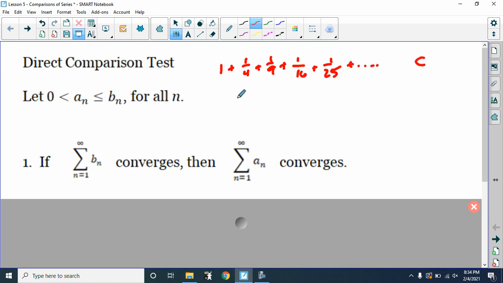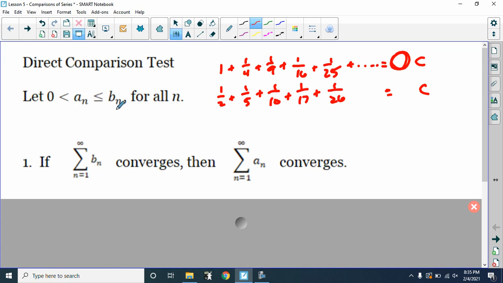If you have something that's smaller than this, so maybe 1 over 2 plus 1 over 5 plus 1 over 10 plus 1 over 17 plus 1 over 26. So adding all these up converges to something, and all these terms are smaller than those. Therefore, this one also has to converge because everything in here is smaller than this. So if this equals a number, then this has to equal a smaller number.